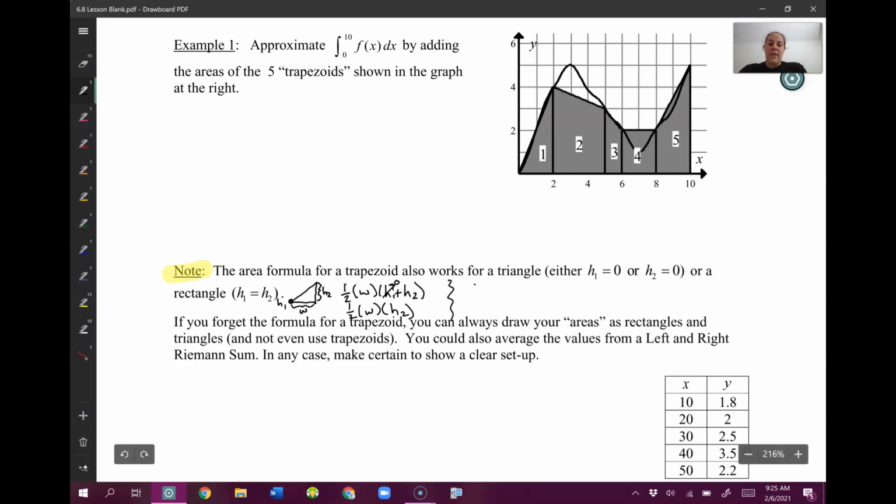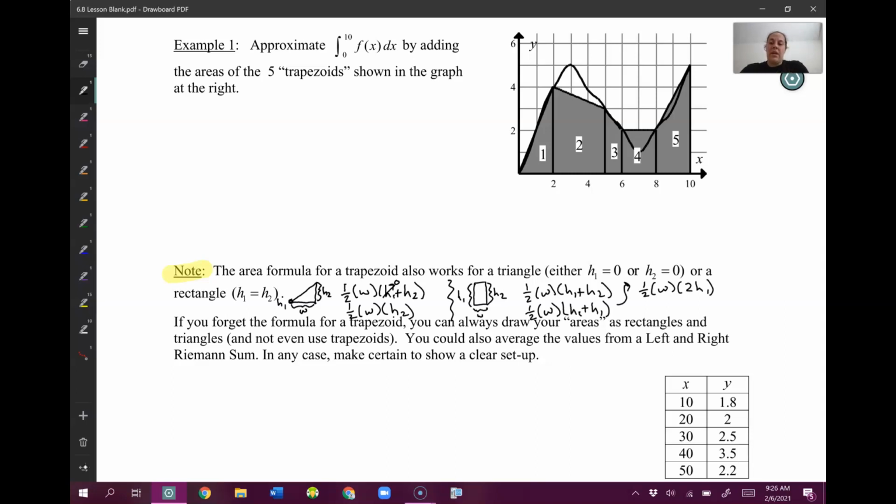Now let's try a rectangle just so we can see it. Here's our width. Here's our H1. Here's our H2. So 1/2 times width times H1 plus H2. Well, H1 and H2 are the same thing. They're the same height because it's a rectangle. So it's really H1 plus H1, which is really 2 H1s.